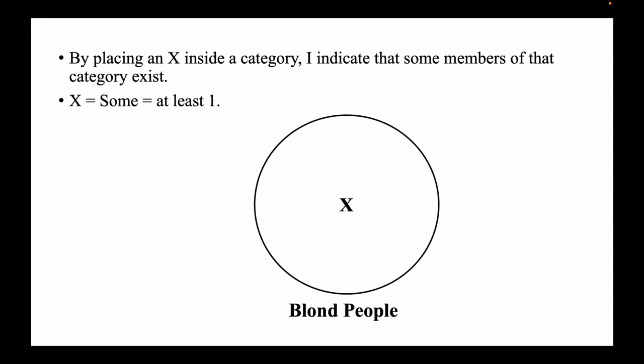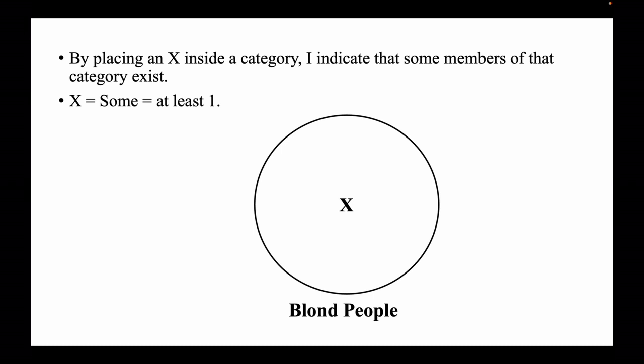Now, categories are best, I think, understood when we use Venn diagrams. Venn diagrams are circles, and depending on how we overlap them, we are able to make categorical statements.